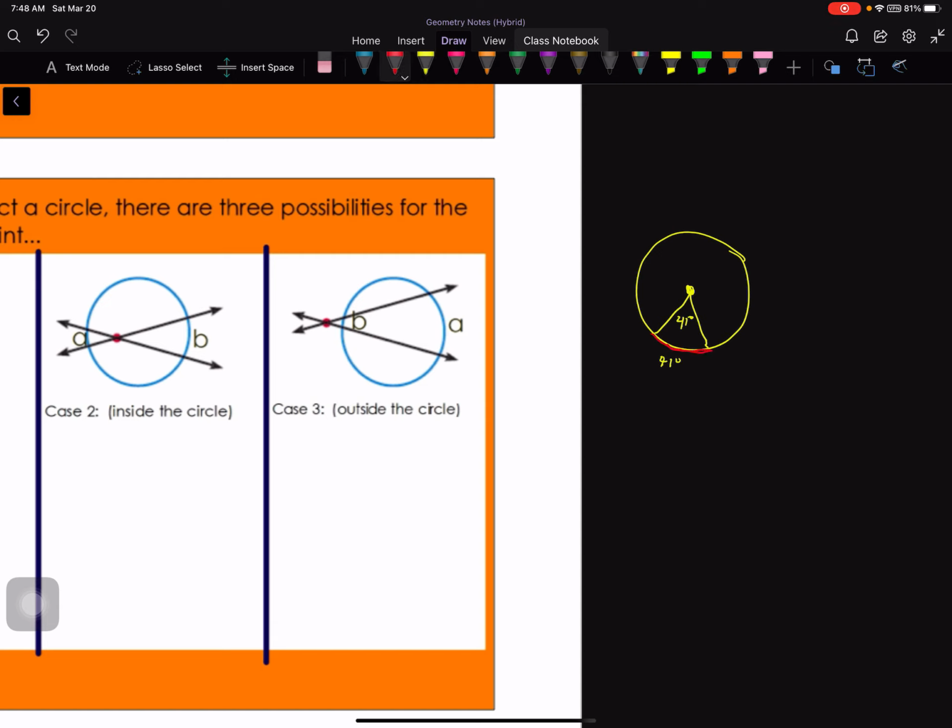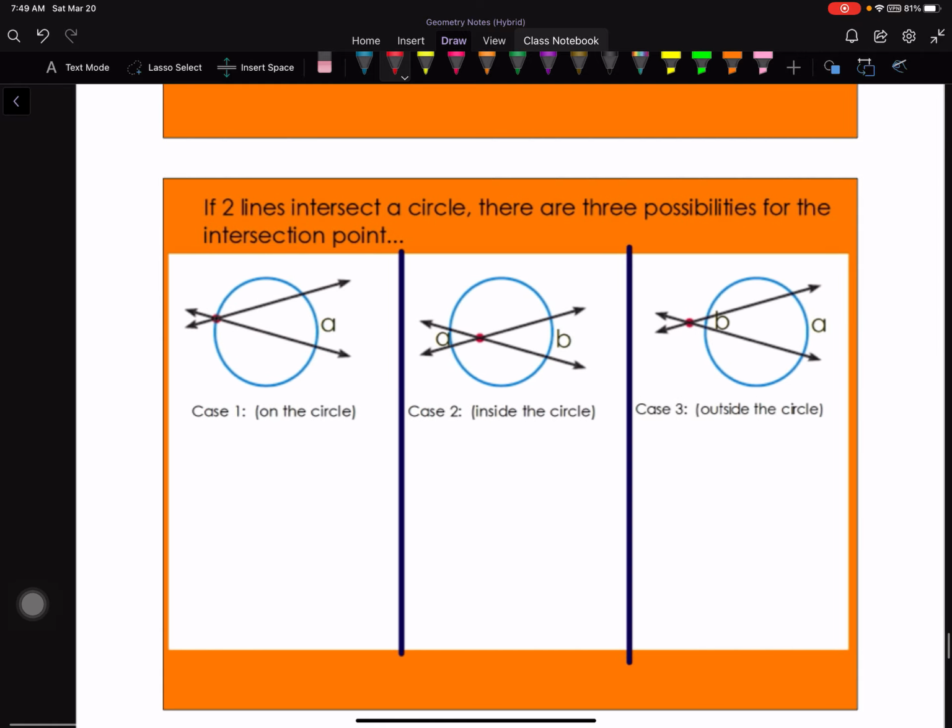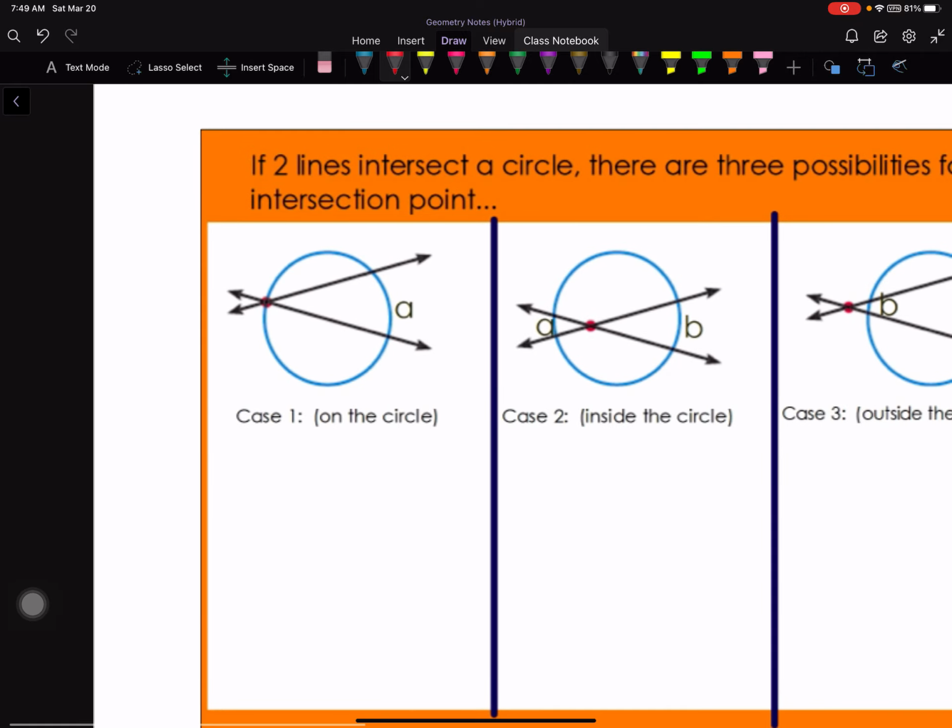So just keep that in mind, because we have central angles, we have inscribed angles, angles whose vertex is on the circle, and then let's just call that the measure of angle 1, whatever. The measure of the angle is going to be half whatever our arc out here is.